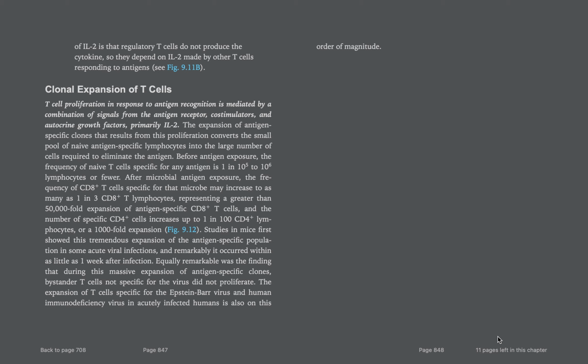Before antigen exposure, the frequency of naive T cells specific for any antigen is 1 in 10 to the 5th to 10 to the 6th lymphocytes or fewer.